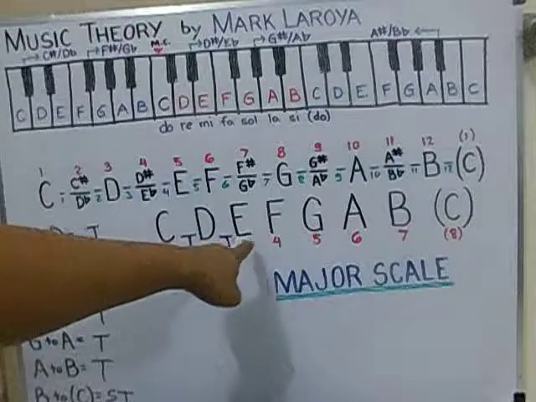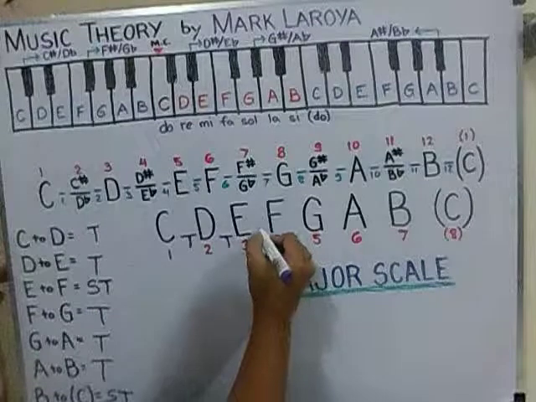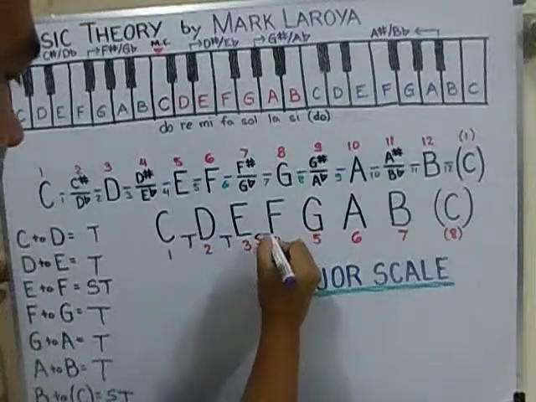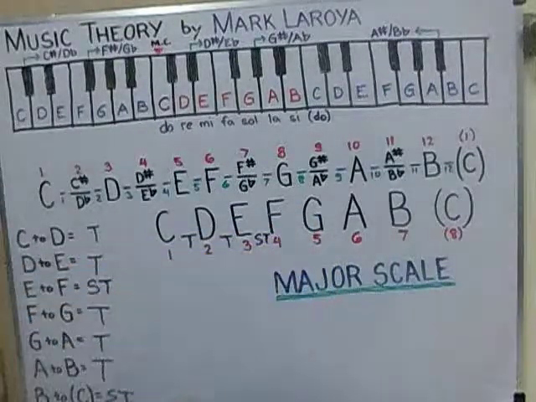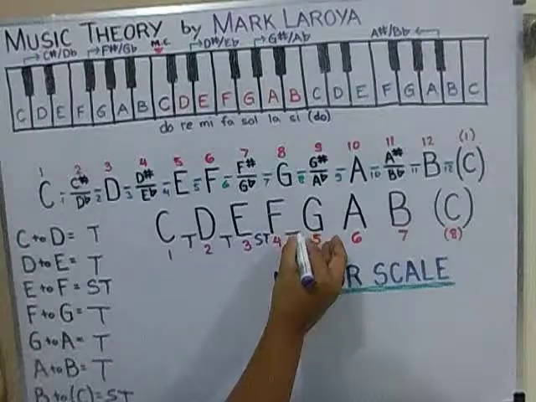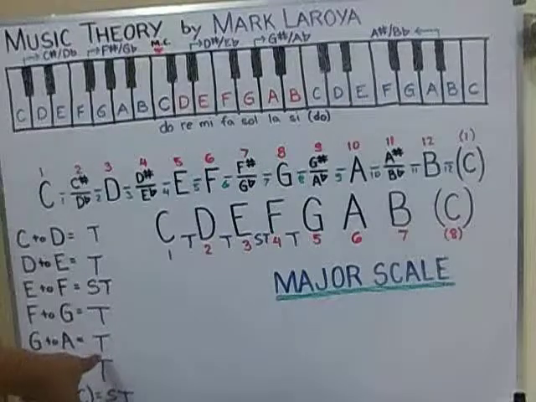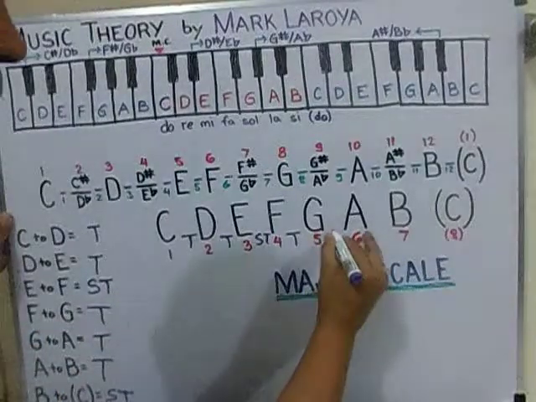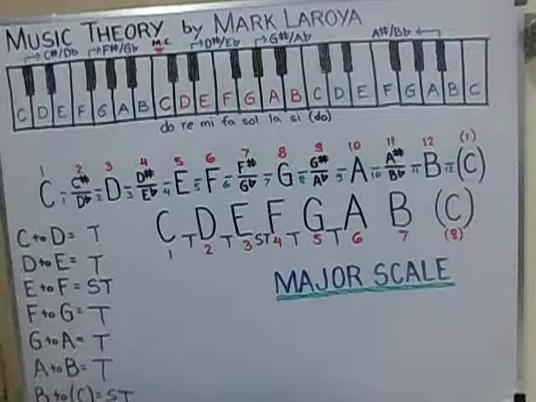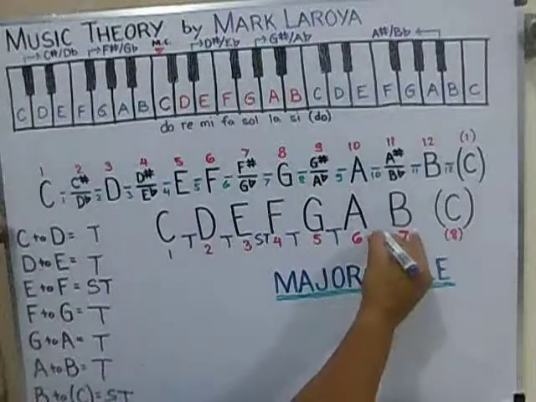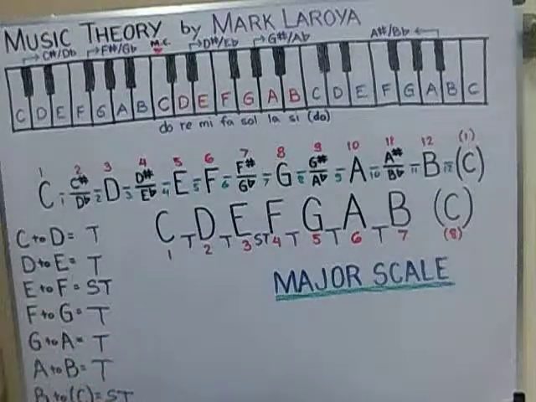While for E to F is just a semitone here. For F to G, it's a tone. From G to A, again, it's a tone. Same as for A to B, also a tone. And lastly, B to C, a semitone.